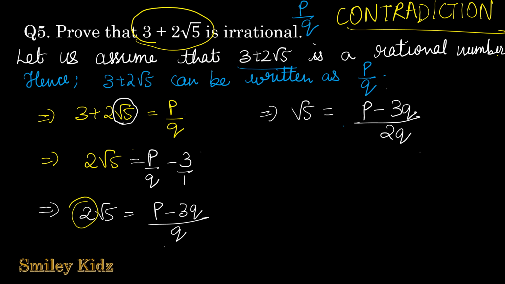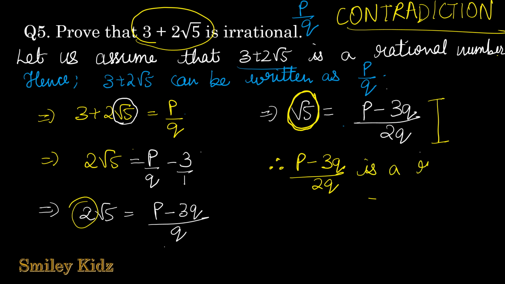So, root 5 is equal to P minus 3Q by 2Q. Now, wait, what? We know that root 5 is irrational, but it is being expressed in the form of P by Q. Therefore, P minus 3Q by 2Q is a rational number.